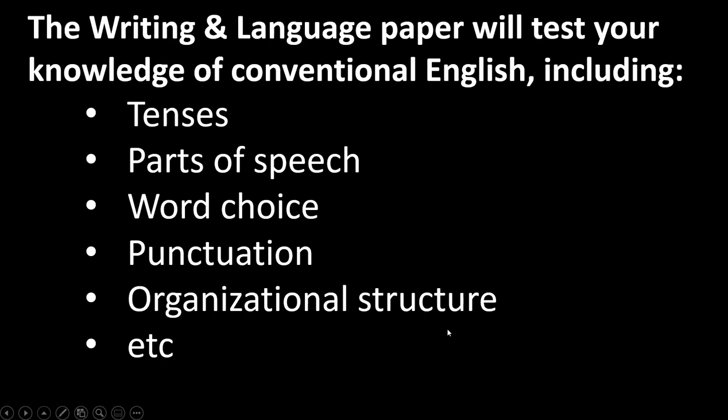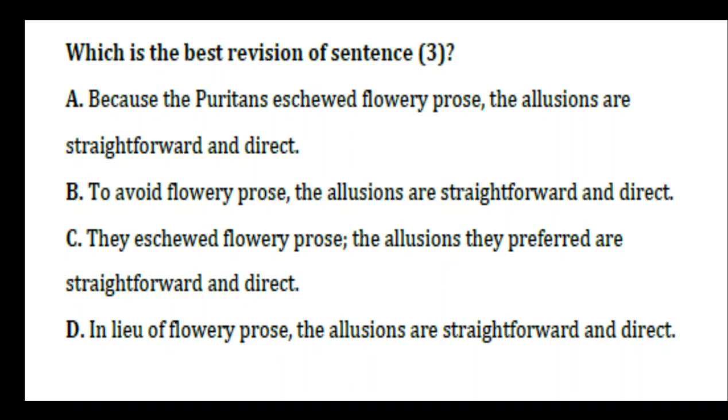So let's see a few examples of the writing and language paper. Here it says, which is the best revision of sentence 3? You have a sentence, which is number 3, and you need to give a better revision of the sentence. How can you rephrase it in other words? And you have choices.